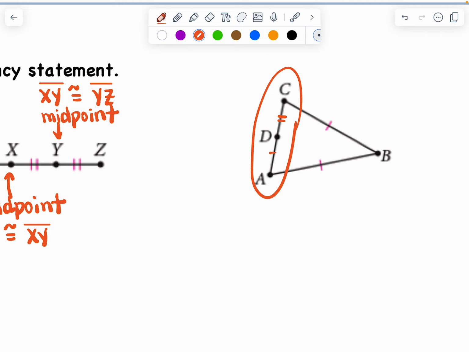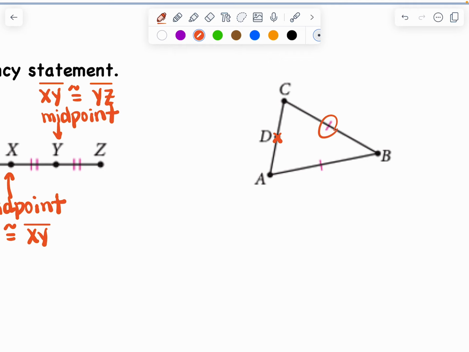I would have to see congruency marks that prove to me that those segments are congruent, right? Remember, we're clue finders. You are not allowed to make assumptions about any of that, right? And so if I don't see the congruency marks, or I don't have any other information to go on, then I definitely cannot say that D is a midpoint, okay?